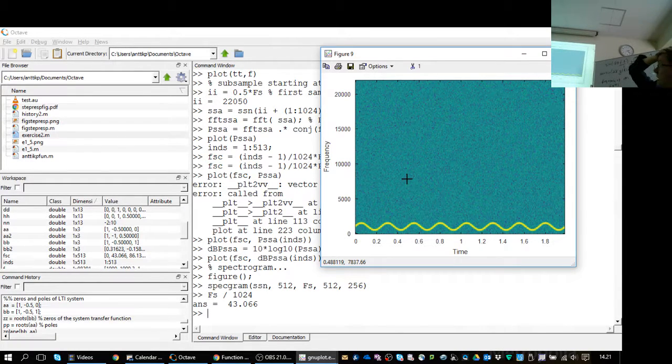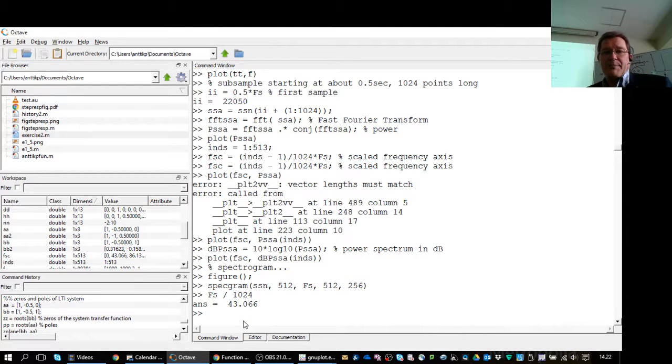Beauty is in the eye of the viewer. Same thing here. When the parameters for this spectrogram are correct, then it looks nice.